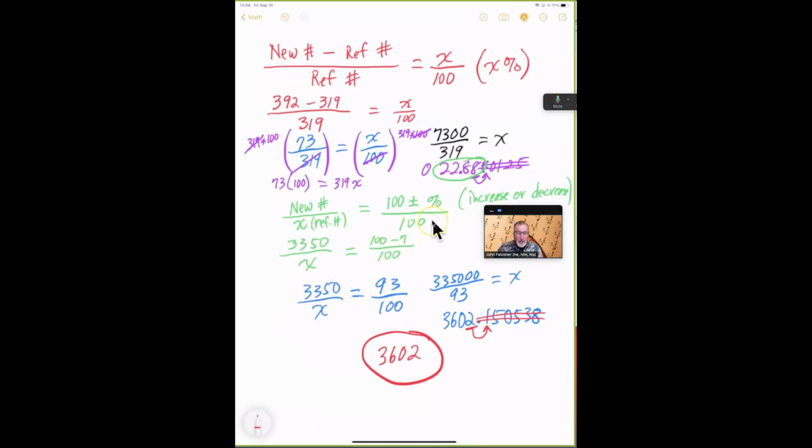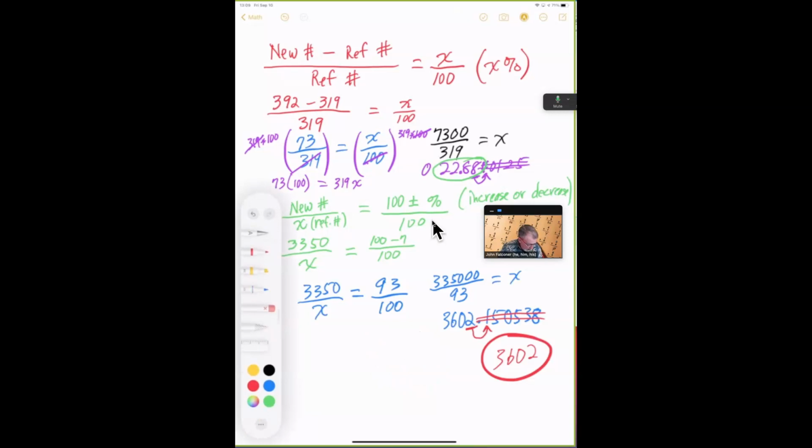All right, I'm going to go ahead and do this once. Let me move this answer, 3,602. Let me get rid of this. This is in my way. We're going to go ahead and calculate this the WAMAP way, clearing the fractions. So we're going to multiply both sides by x and 100, right?